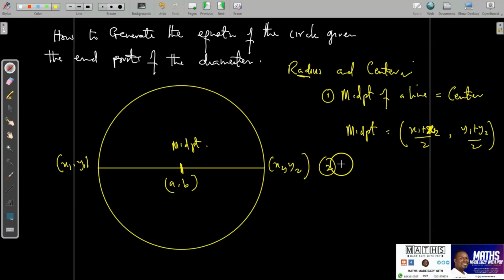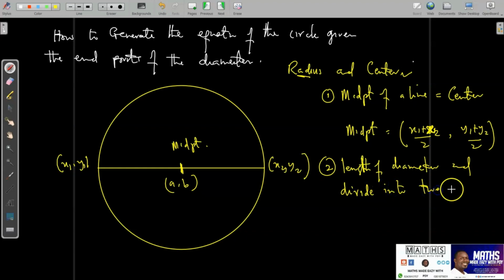So in other words, you find the length of the diameter and divide it into 2 equal halves. So length of a line.